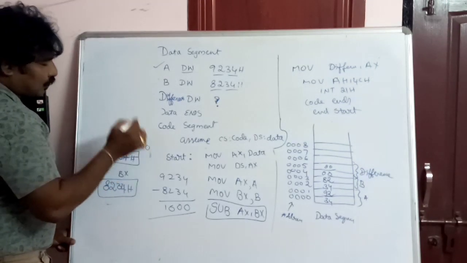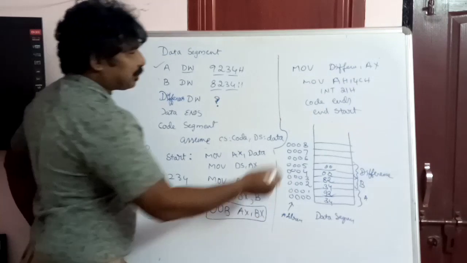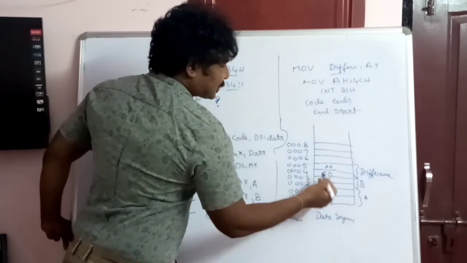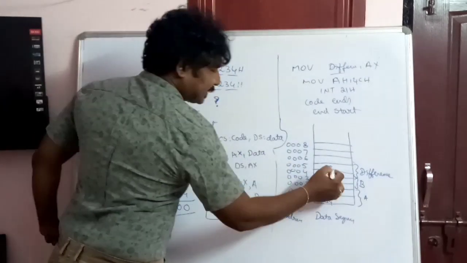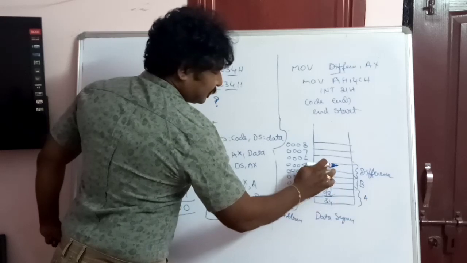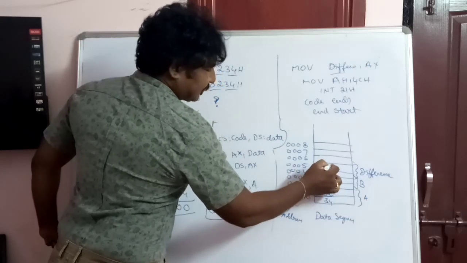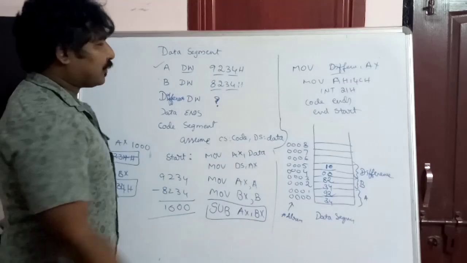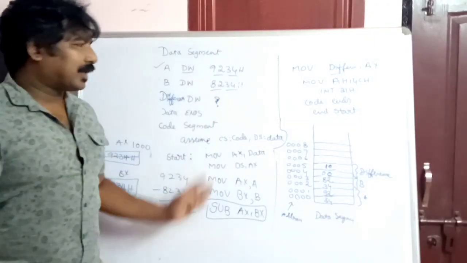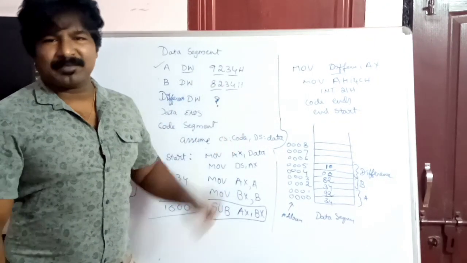Then you pass that to the difference variable, so 0001 will be stored as 01 and 00, with the higher byte 00. That ends your program. Hope you understand this program. This is a subtraction of two 16-bit numbers.